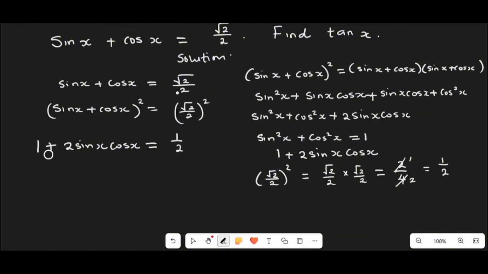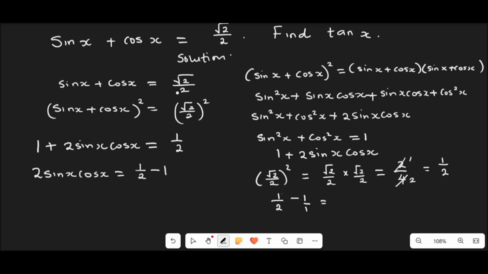So the next thing we have to do, let us transpose 1 to the right hand side, and the positive sign of 1 will change to negative. So we are going to have 2 sin x cos x equal to 1 over 2 minus 1. 1 is the same thing as 1 over 1.